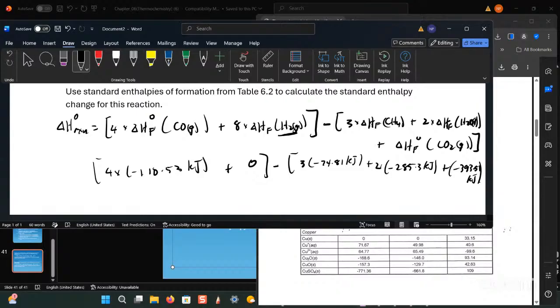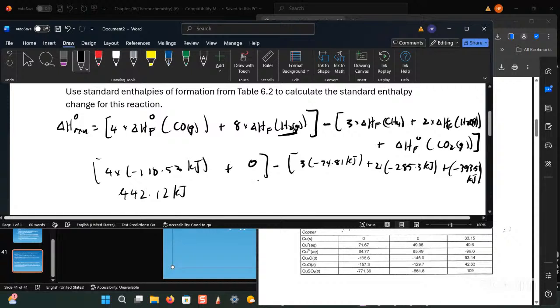I'm going to work out this part first: that is 110.53 times 4, and according to my calculation, that works out to 442.12 kilojoules. And then that's 0, so that takes care of that.